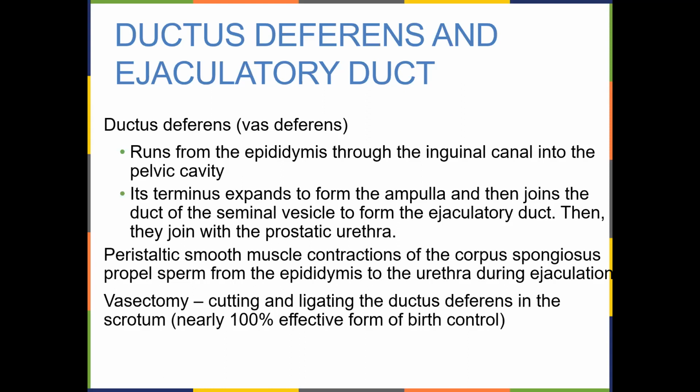The term vasectomy is a birth control measure involving the cutting and ligation, tying it off, of the vas deferens in the scrotum. This is an almost 100% effective way of birth control.